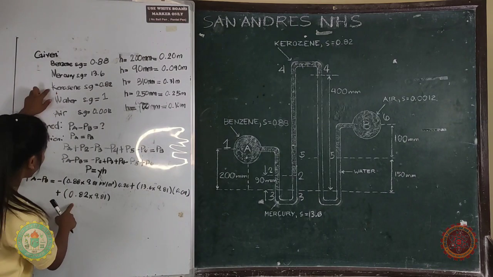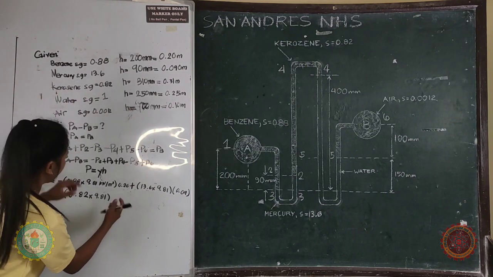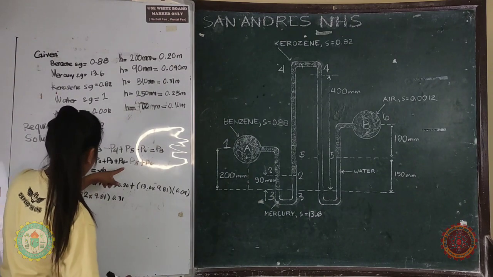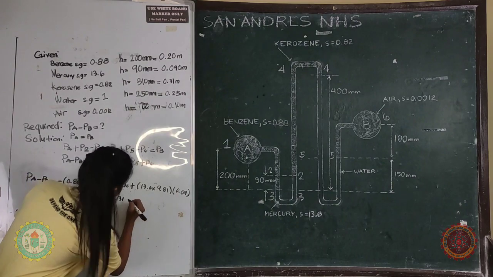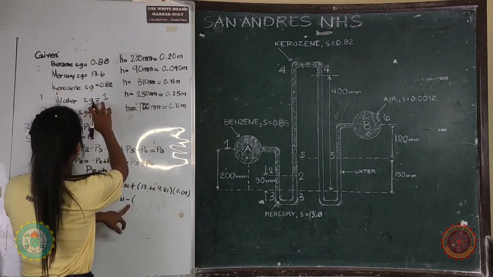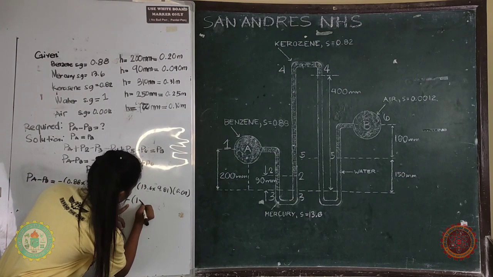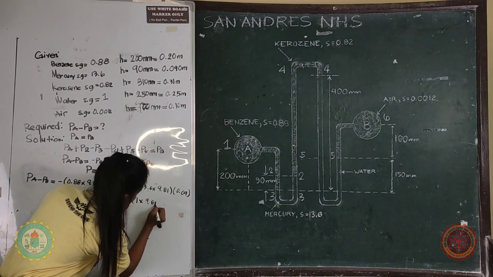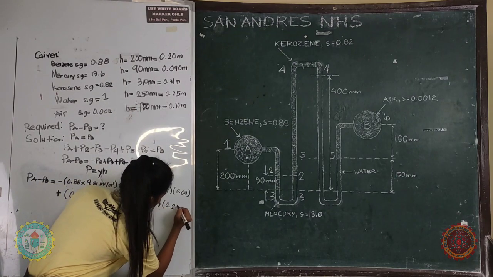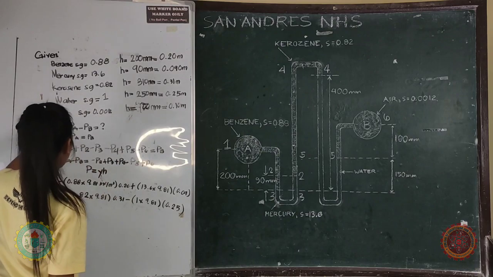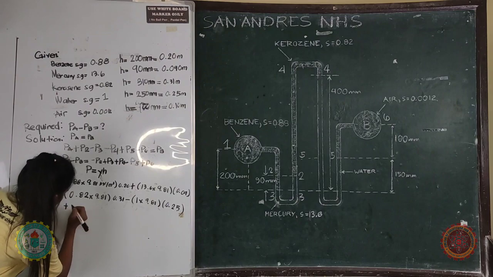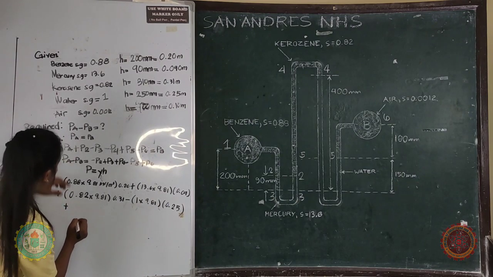So, let's proceed to kerosene. Here we put its height, which is 0.31 meter. Then the next is negative P5, so minus. Its specific gravity is water, automatically 1, times 9.81 times its height, 0.25. Then the last is air, which is positive.